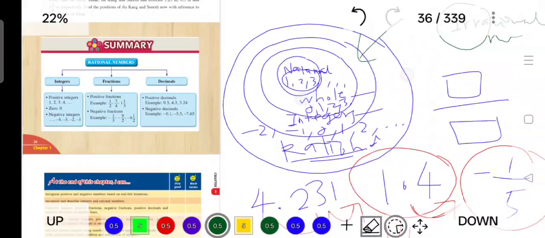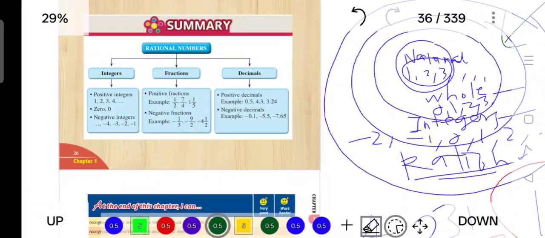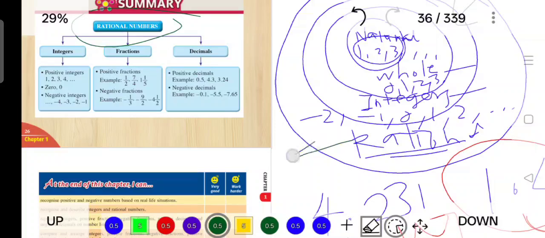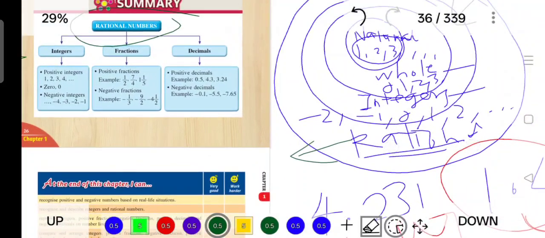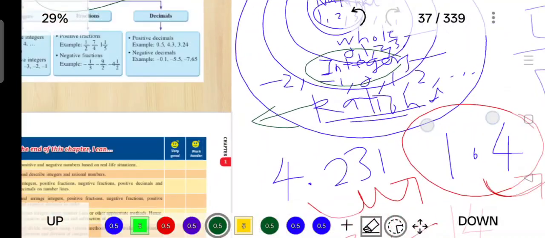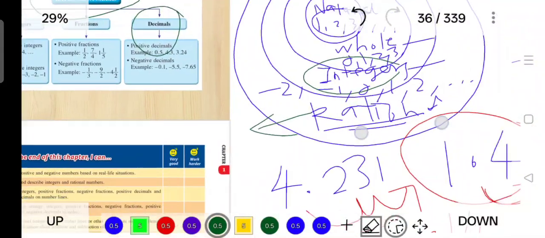Okay, all right. So basically in this topic, what we are going to learn is rational numbers. Rational number means any number that falls in this category. It could be your integers, it could be your normal fractions, it could be your decimals. All right, like this.